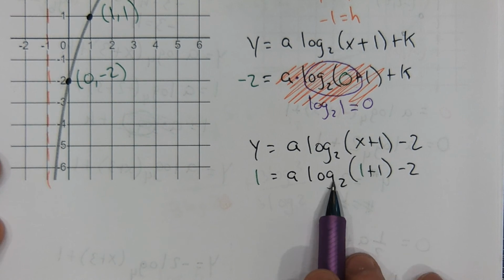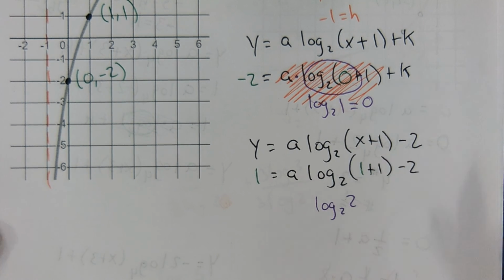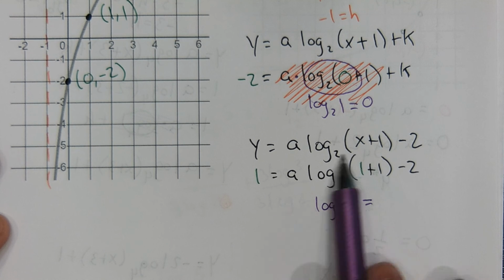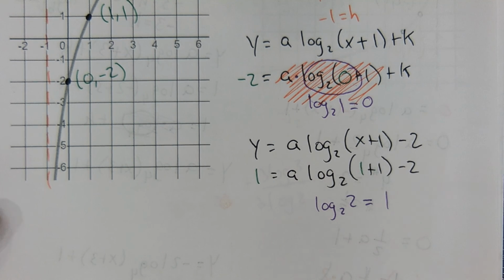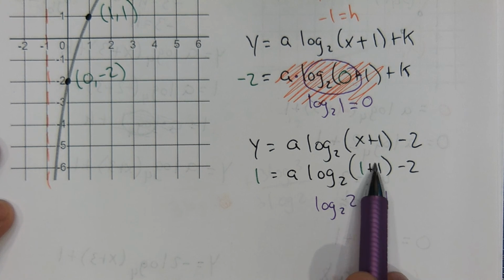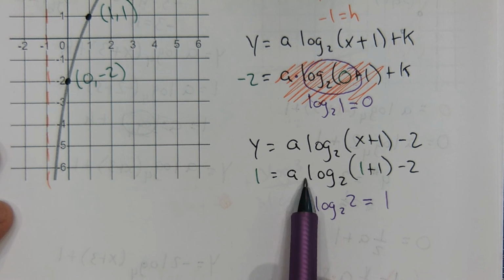This says log base 2 of 2. This allows me to highlight my other special logarithm. Anytime the base matches the argument, the log's value is going to be a 1, because it, remember, says what power of 2 gives me this 2? The first power does. So that makes this whole logarithm equal 1. This is a times 1.